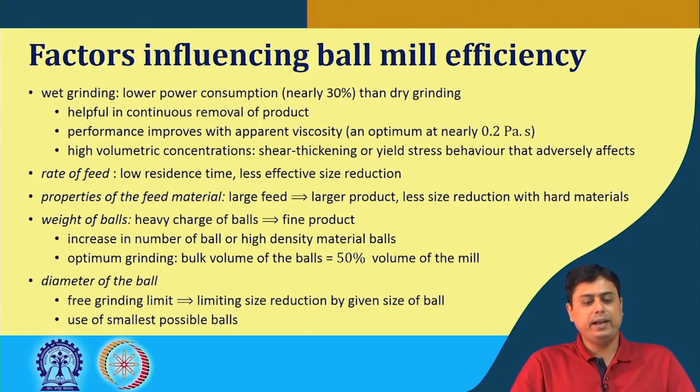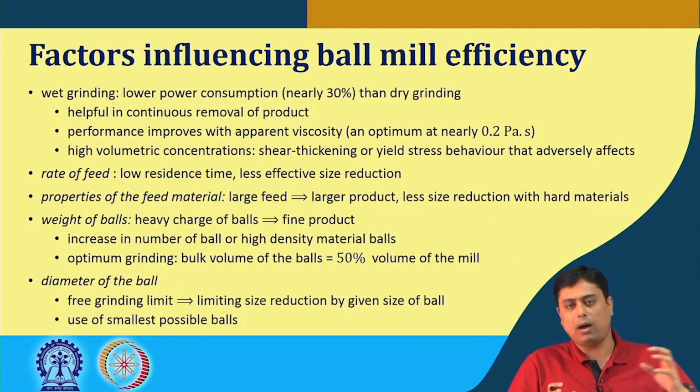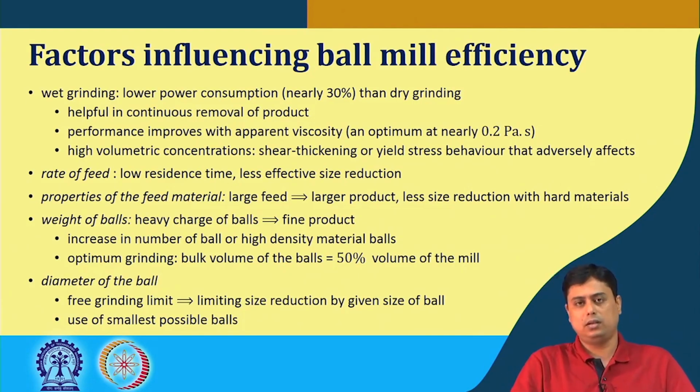Now, this wet grinding also helps in continuous removal of the product because there is a bulk motion of the fluid. Its performance improves with increasing apparent viscosity up to nearly 0.2 Pascal second, which is the optimum value you can obtain there.